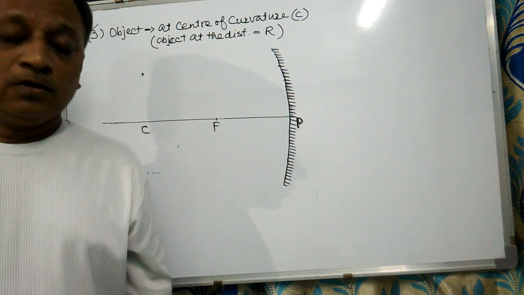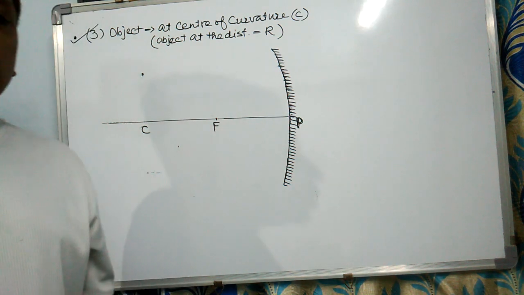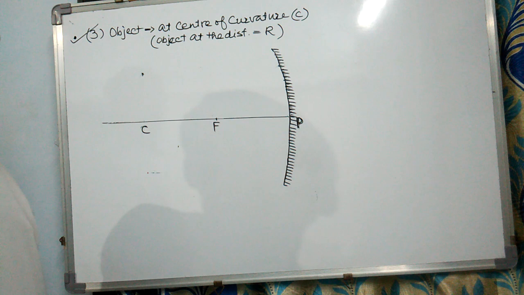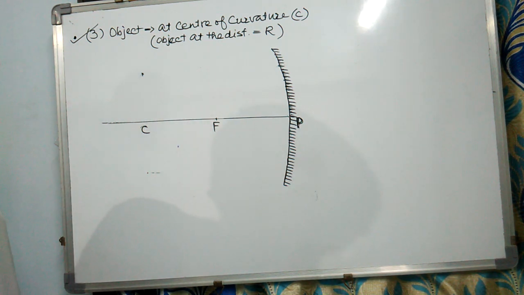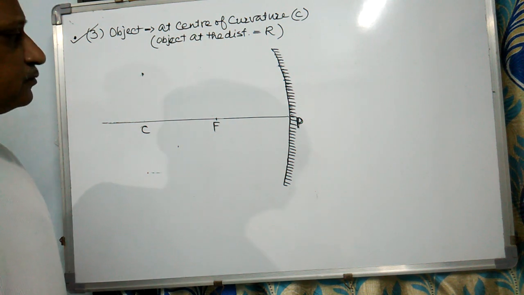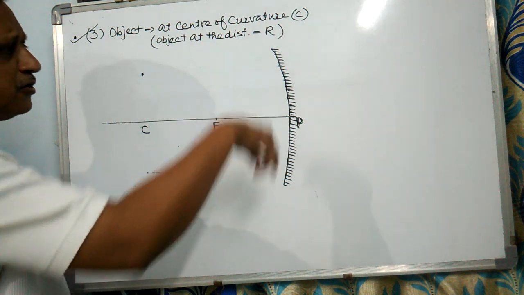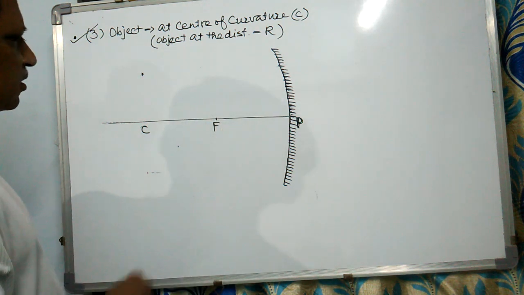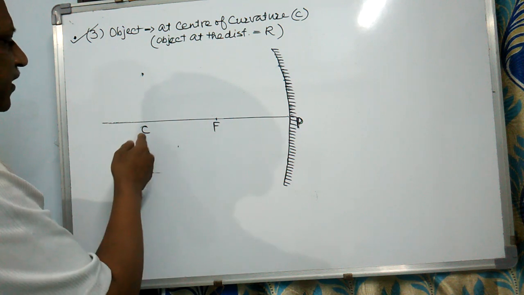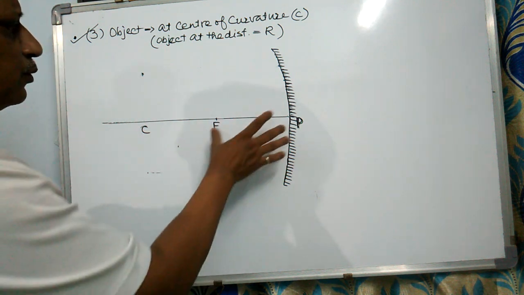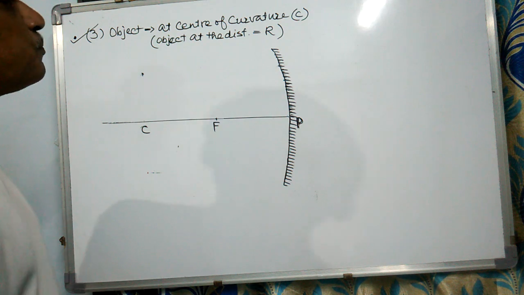Welcome, students. Now we move to the third diagram, when an object is placed at the center of curvature. Here I have drawn a concave mirror with pole, focus point and center of curvature with 3 centimeter distance.